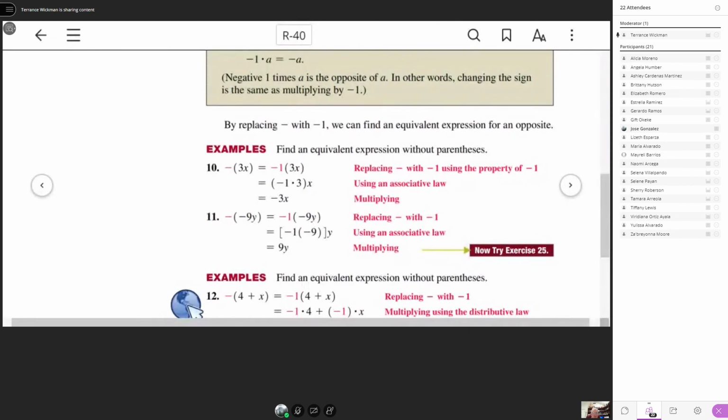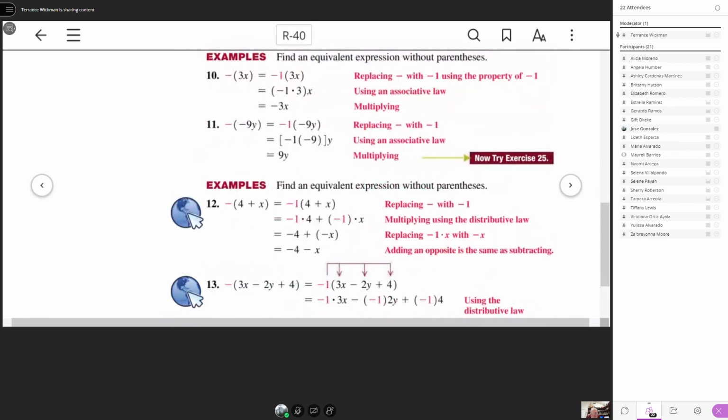It looks like that. 11's the same way. 2 like signs, not separated by a number, means positive. Boom. Number 12, if you have a negative sign outside of parentheses, that means everything inside changes. So 4 becomes negative 4 is in the bottom. X becomes a negative x. Boom. All right. We're going to go now to R45.